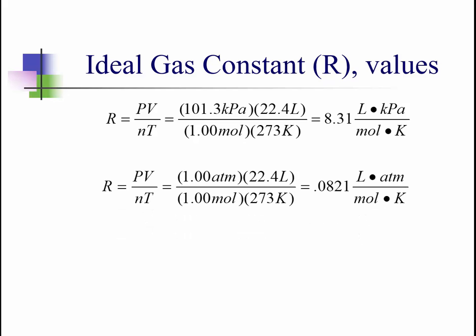So the R value for the atmospheres is going to be 0.0821 liters times atmospheres over moles times Kelvin. Notice that the numbers are different because now we're using 1 atmosphere and not 101.3 kPa.